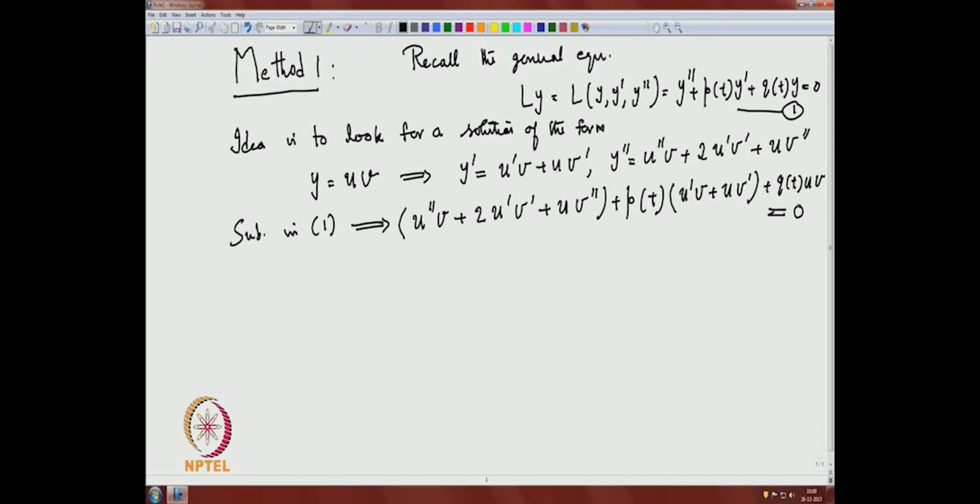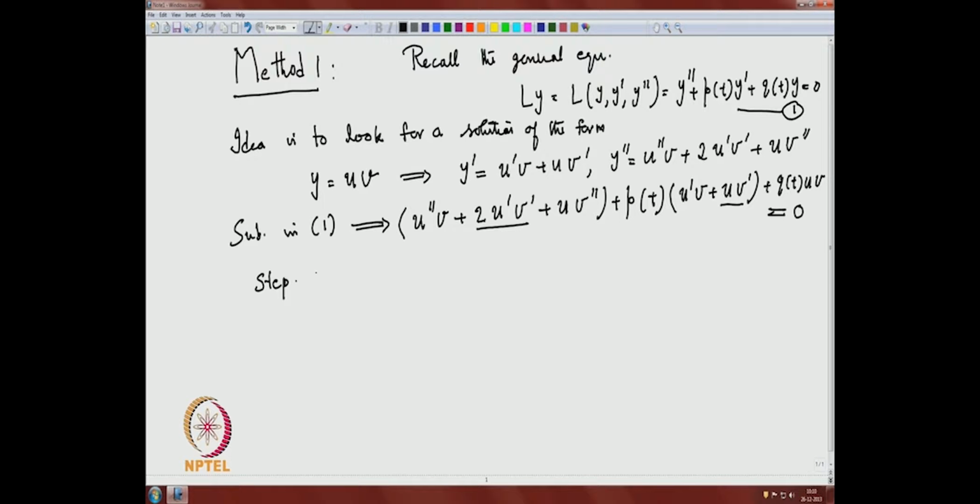That is what we get. So, the next step is to choose u in such a way that you try to remove the v prime term from the equation. You put it in such a way that, in the summation of this equation, the combined v prime term is absent.